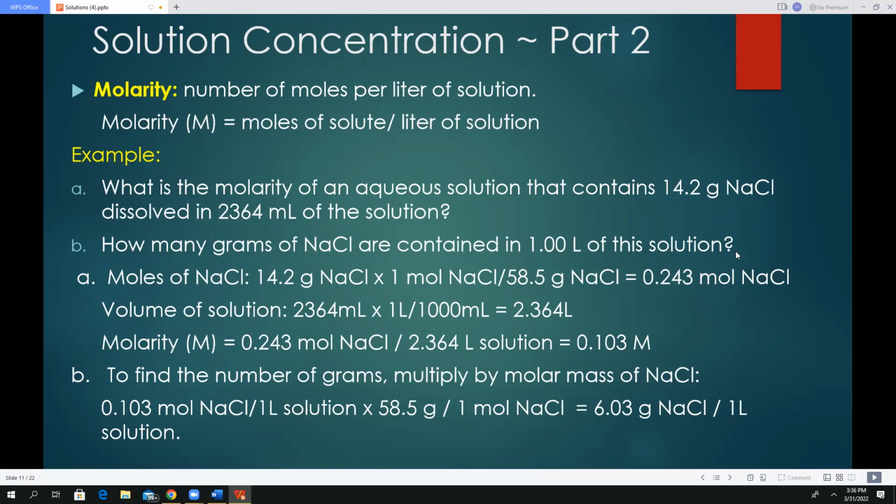So we know that this is 1 liter, so all you have to do is multiply 0.103, right, times 1 liter, and that gives you how many moles there are.